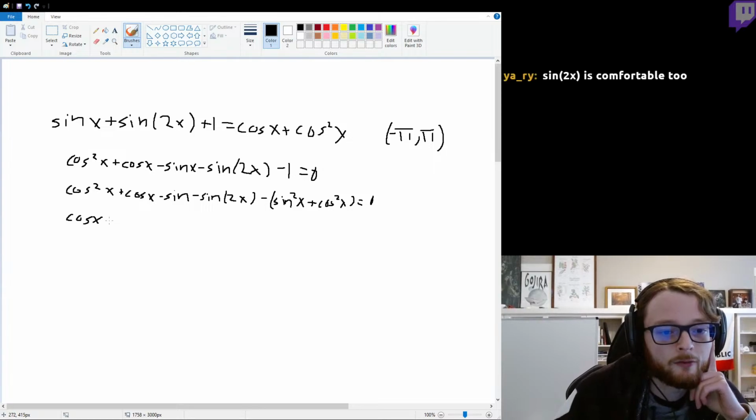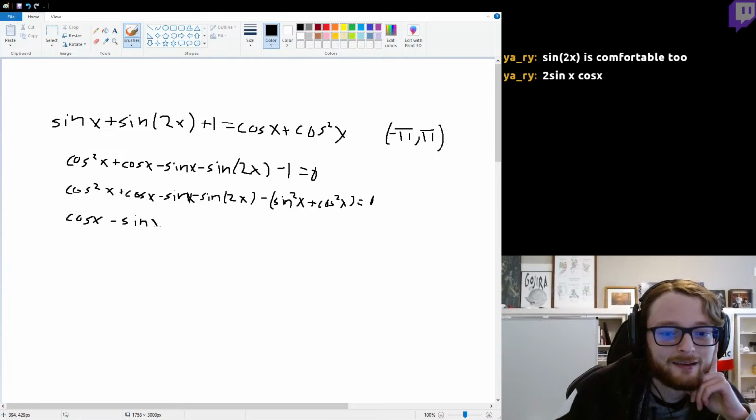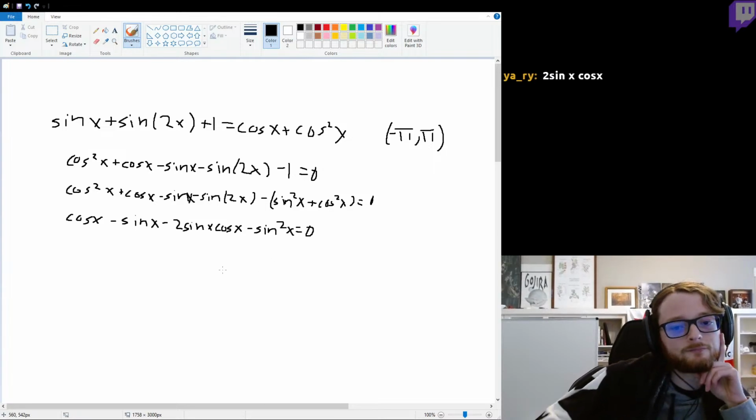So we had a cosine x. Who wrote this minus sign here? What does this mean? We have a sine x. Okay, we'll rewrite that. All right.